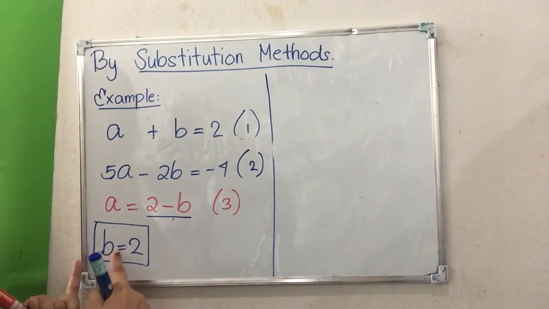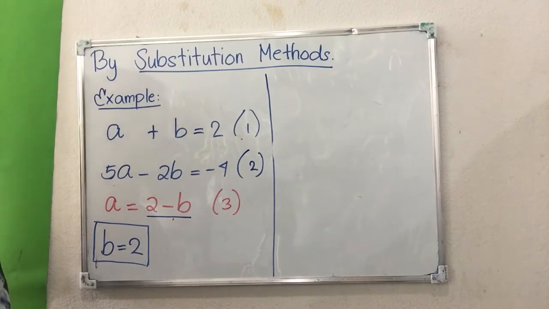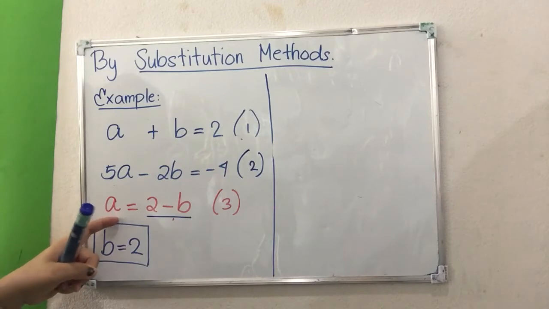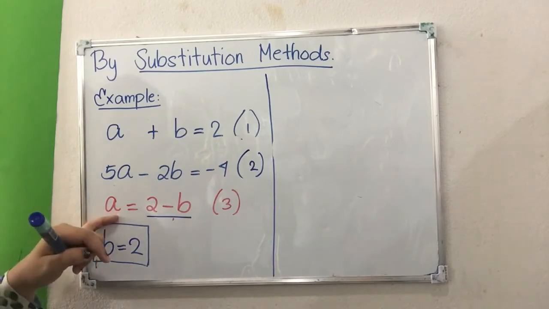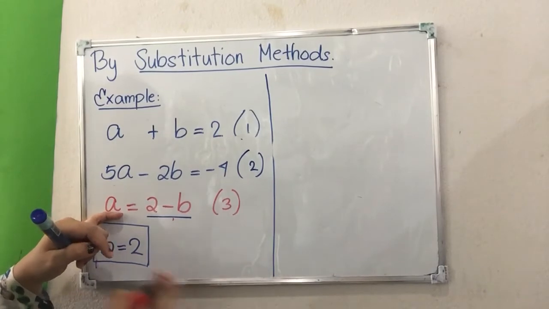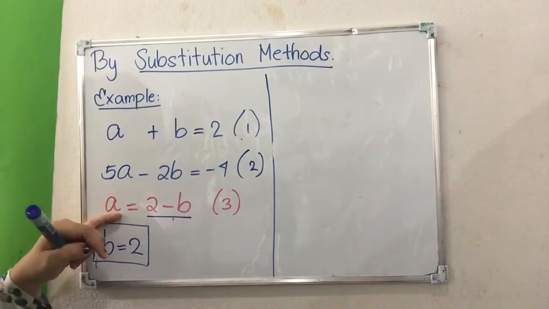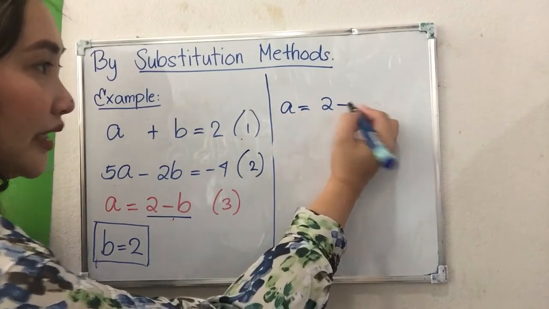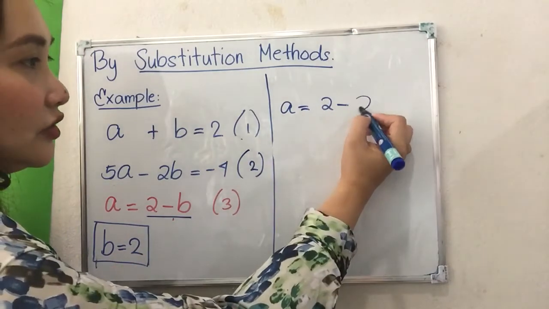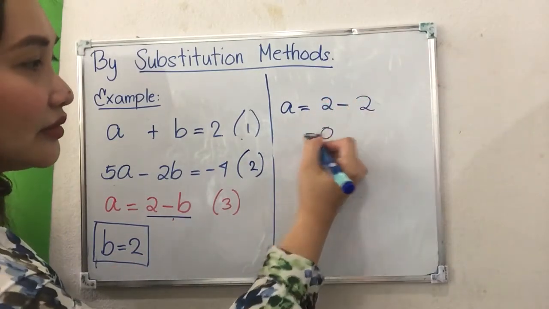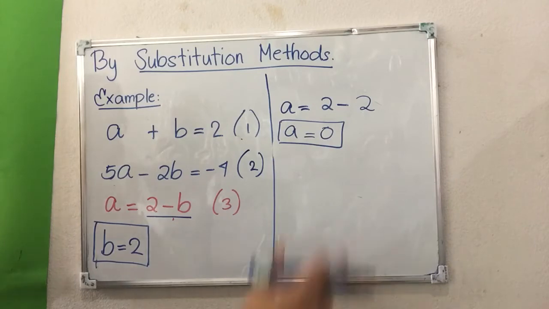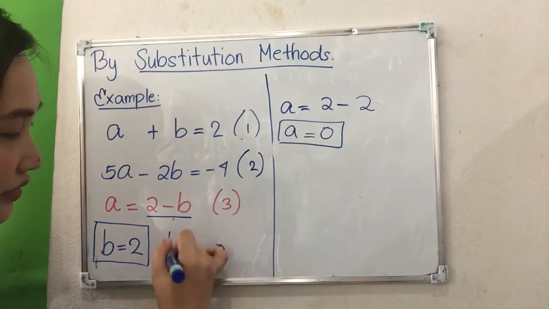Since we have b now, we look for the value of a. Equation 3 already has a isolated, so it's easier, no hassle in rearranging. So a is equal to 2 minus b, and b is 2. So 2 minus 2 is 0. A is equal to 0.